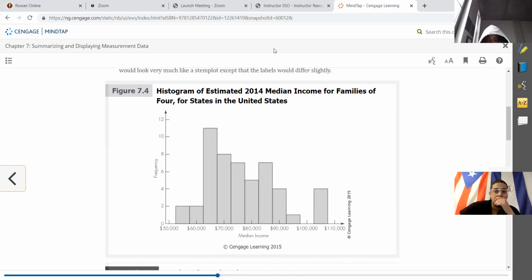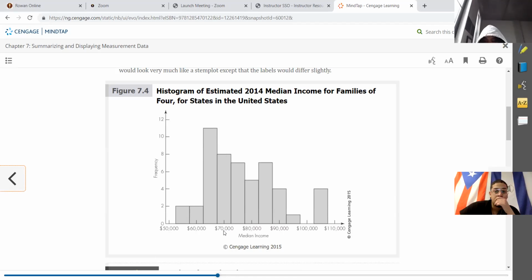All right, so the way to read a histogram is, let's look at this one right here where it says 70,000 just below it, this rectangle here. Notice that its height is 8.